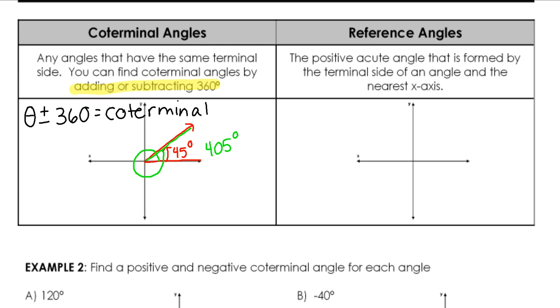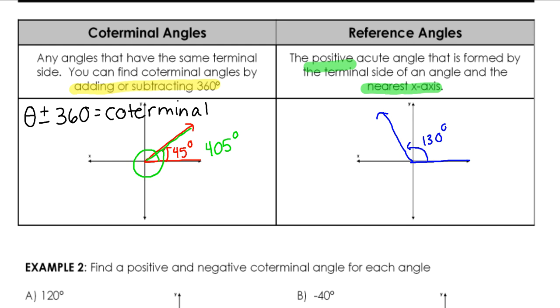The other type of angle that we might see is called a reference angle. So a reference angle is the positive acute angle that's formed by the terminal side and the nearest x-axis. So let's look at an example of that. So let's say I have an angle over here from my initial side going around. So let's say that's a 130-degree angle.